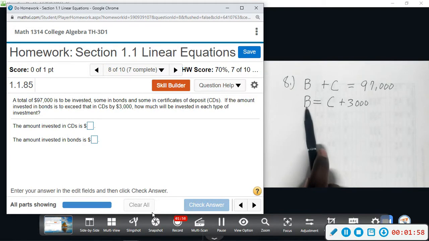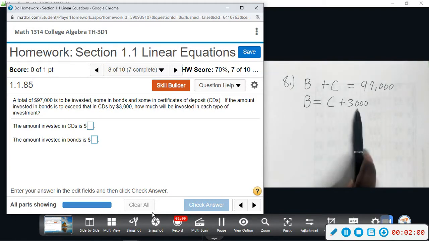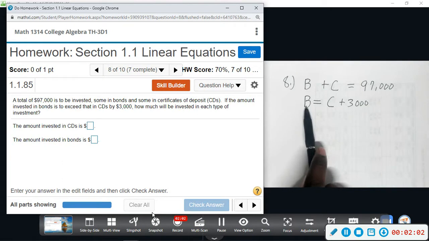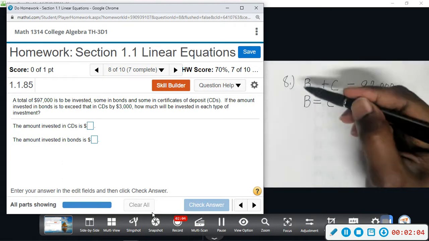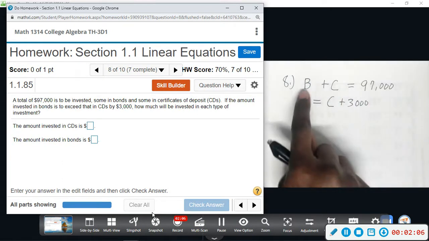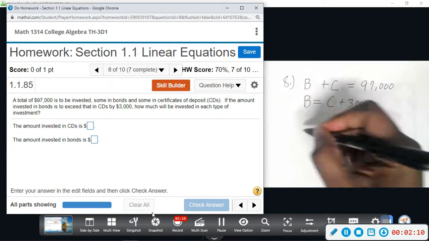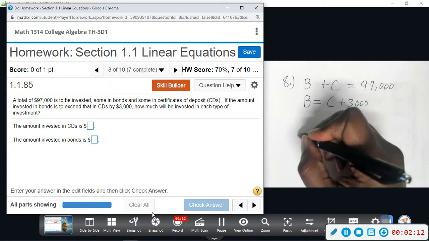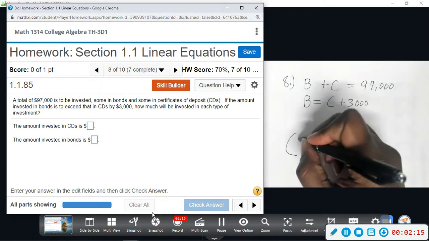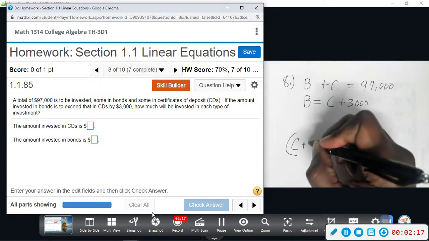Since B is equal to C plus 3,000, to solve this we're going to do what we call substitution. So these two B's are the same. We're going to replace this B with this expression. So bringing this down, instead of B, we're going to input C plus 3,000.